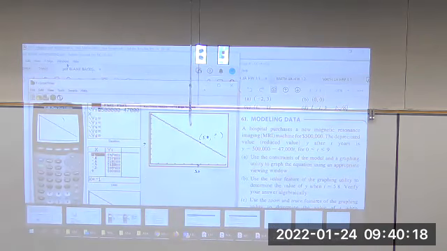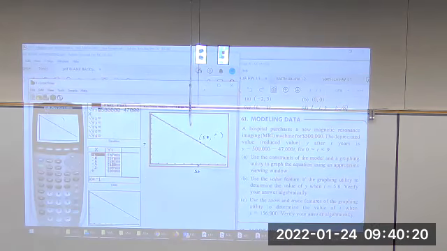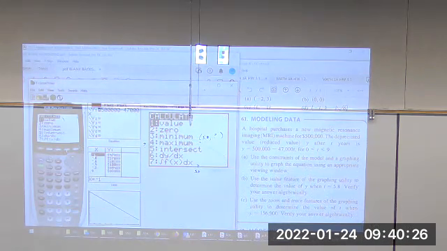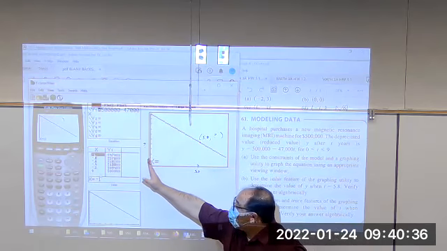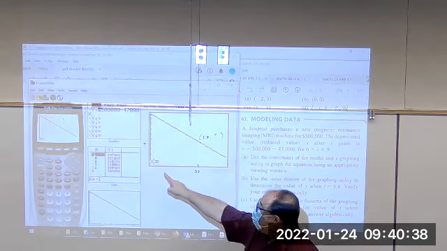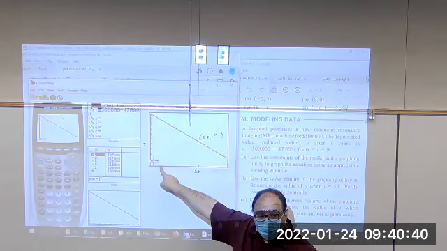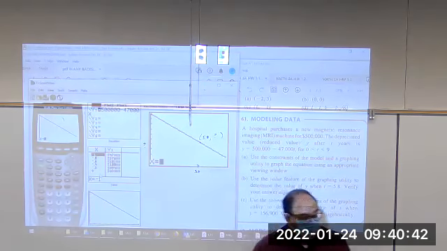There's a button right above trace. Second, calc. Value, the very first one. What that does is, you plug in any X coordinate, and it will tell you exactly the Y coordinate for that X value.